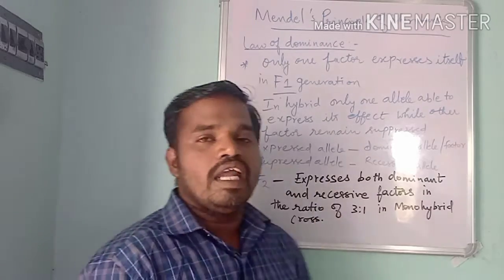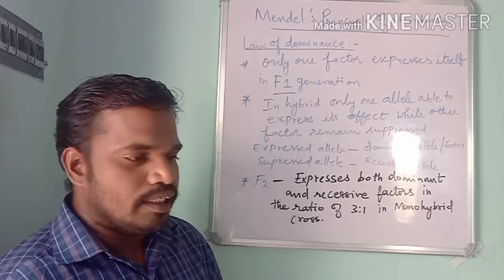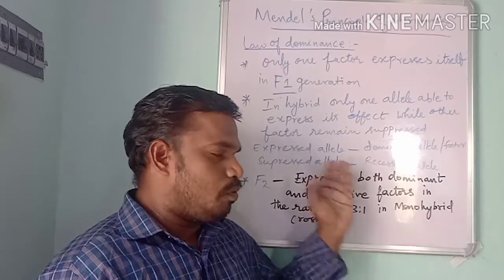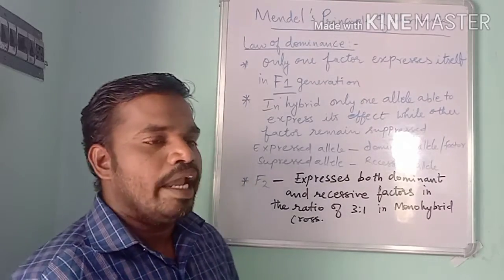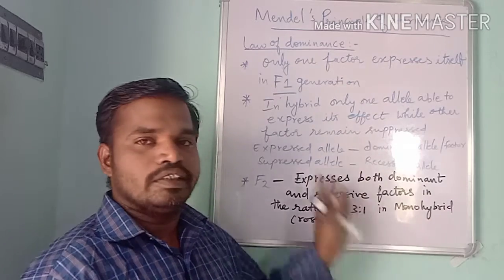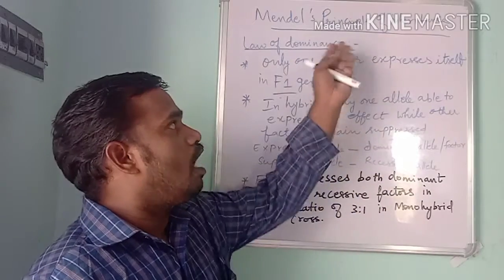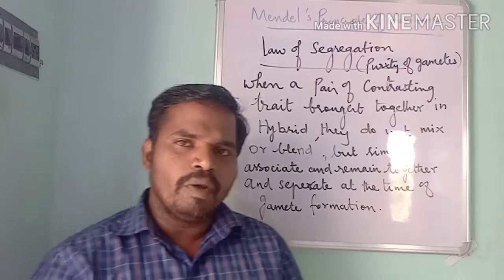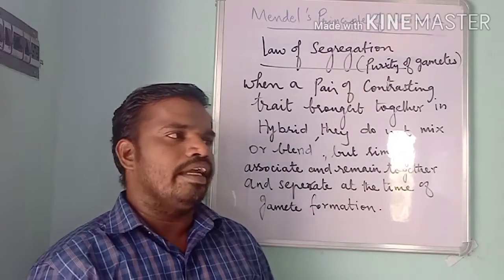When the F1 progeny is allowed to self-pollinate, it produces the F2 generation. In the F2 progeny, both dominant and recessive traits are expressed, in a 3:1 ratio. Got it? So this is the first law of the principles of inheritance, the law of dominance. Followed by the law of dominance, Mendel proposed another law called the law of segregation.